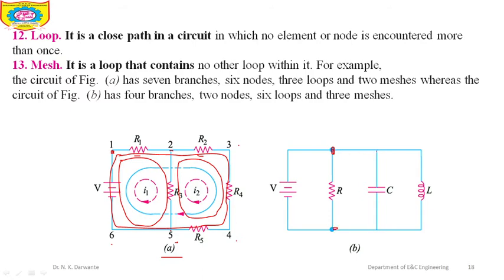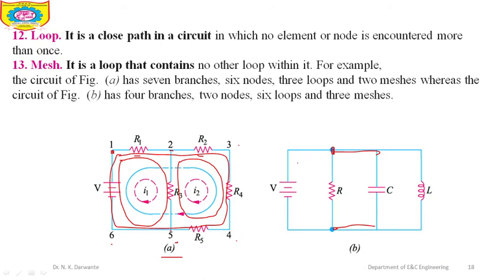Actually you may get confused about how this is connected. Actually this is connected like this. Means only 2 nodes are there in this circuit, and nodes are shown with the dark circle. Then in this case how many loops are there?